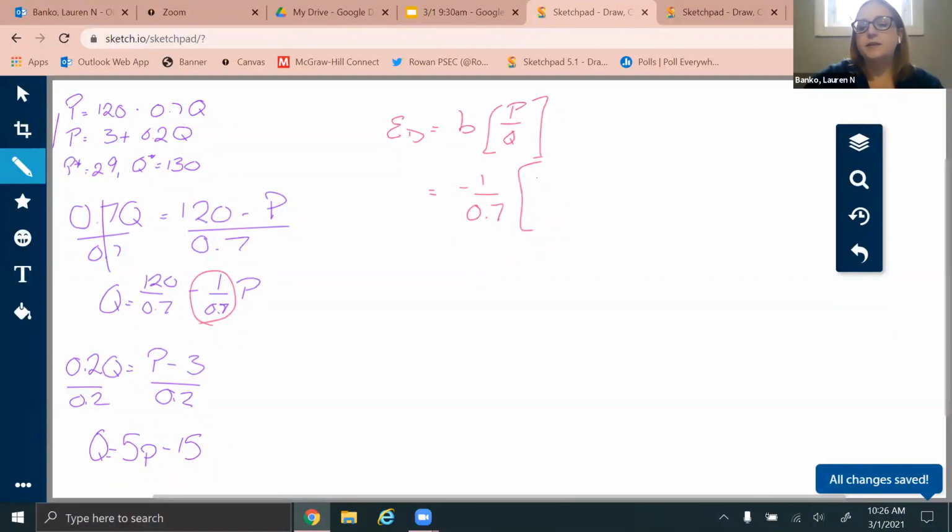So price here is 29 and quantity 130. So again, put this all in your calculator and you will round here. Keep the negative for demand. This is about 3.319. Rounded to decimal places, that's okay too. But this should be negative, so keep the negative sign.